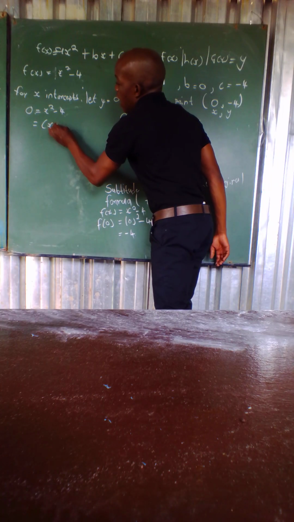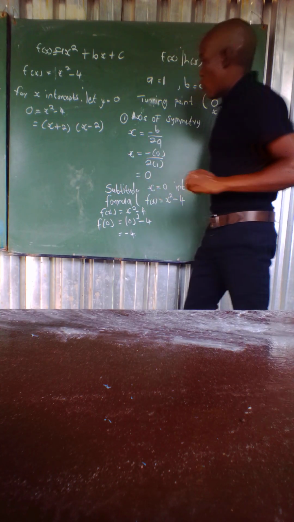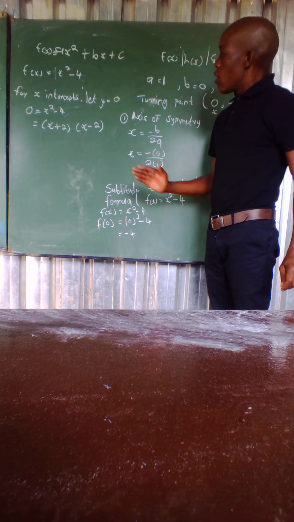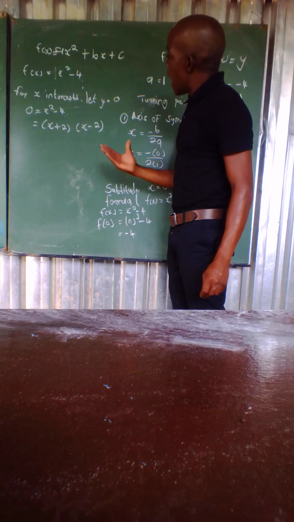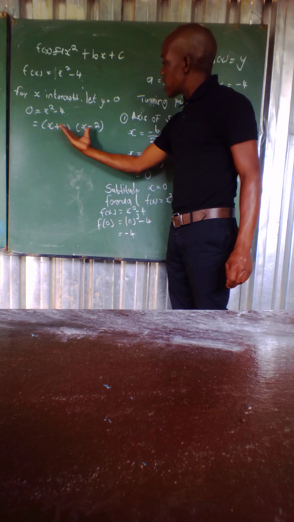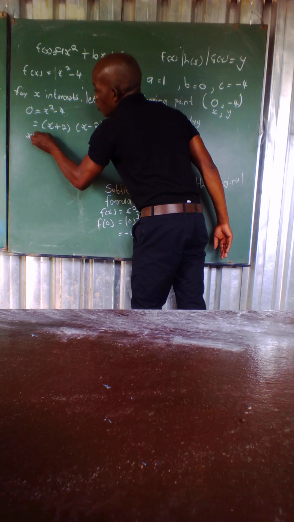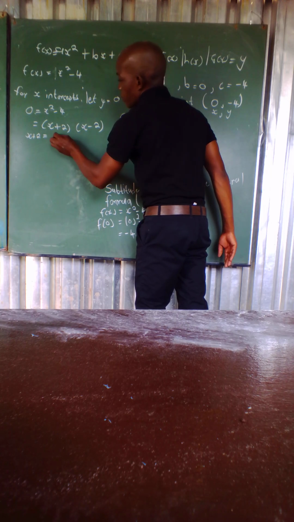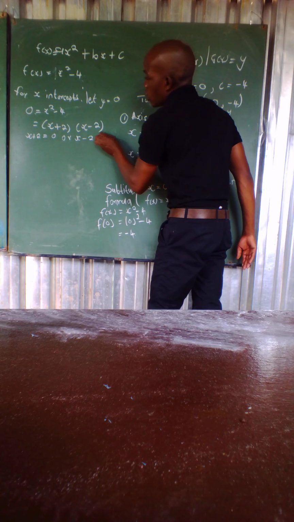We are going to say x plus 2 and x minus 2. Then we can say x plus 2 is equal to 0, or x minus 2 is equal to 0.